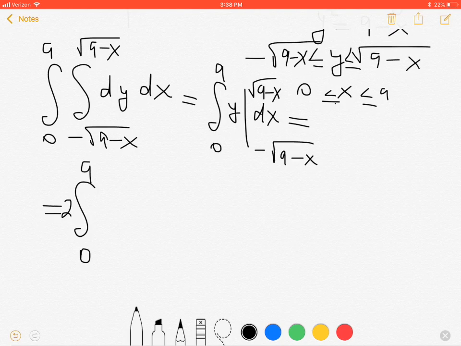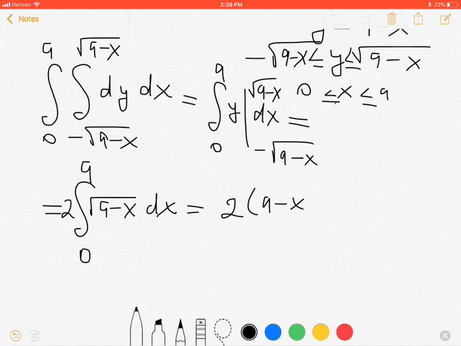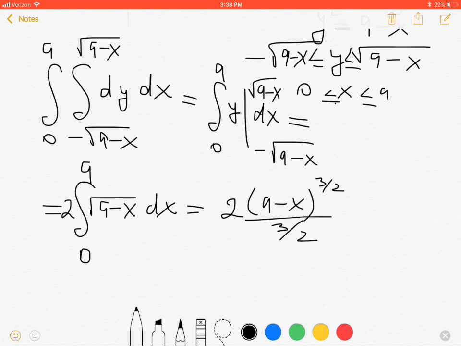It will be twice the square root of 9 minus x dx. Okay, x to the 1/2 power means 3/2, so 2 times 9 minus x to the power 3/2 divided by 3/2. And remember, the coefficient of x is -1. This means here you have minus, from 0 to 9.